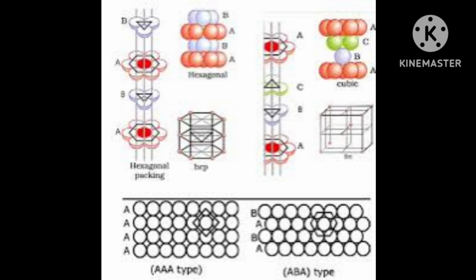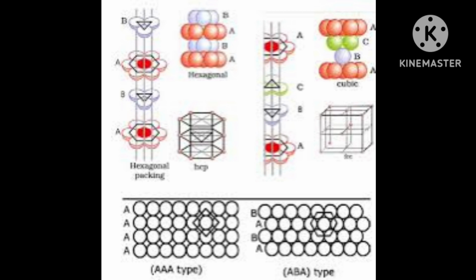Means the bigger cation will form octahedral, a smaller one will form tetrahedral. This question is asked. Now, two types of voids are there, octahedral and tetrahedral. In a given compound, the fraction of octahedral or tetrahedral voids that are occupied depends upon the chemical formula.